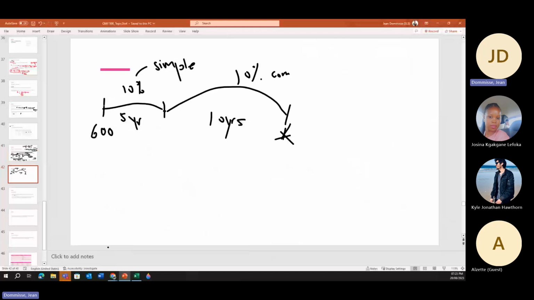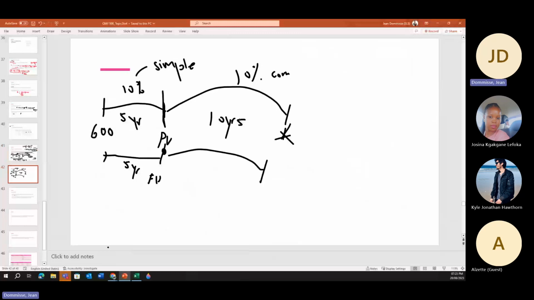So what you then need to do is to work out with your simple interest rate formula, how much we got up until 5 years from now. That will be your first future value that you will work out. So again, time value of money. And then we use that value as a new present value.